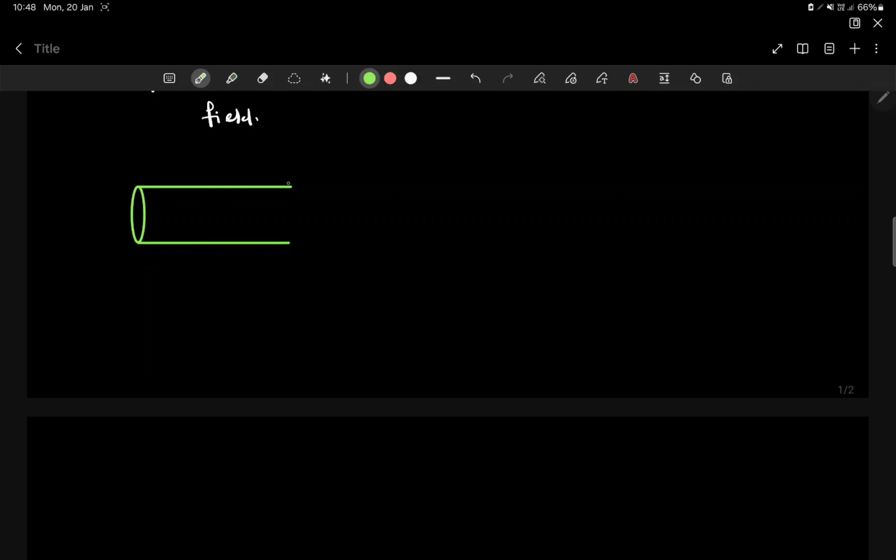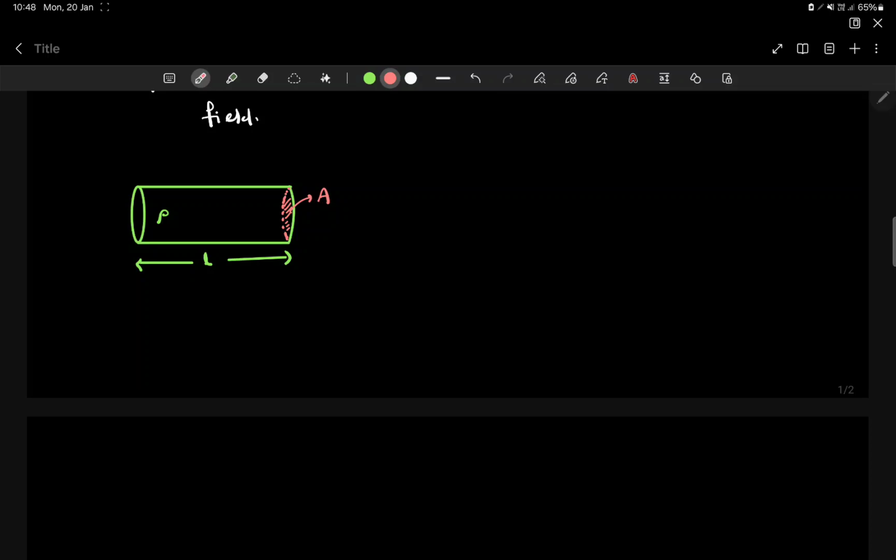Let us consider this is your conductor, and the length of the conductor is L, and ρ is its resistivity. A is the area of cross section of the conductor.